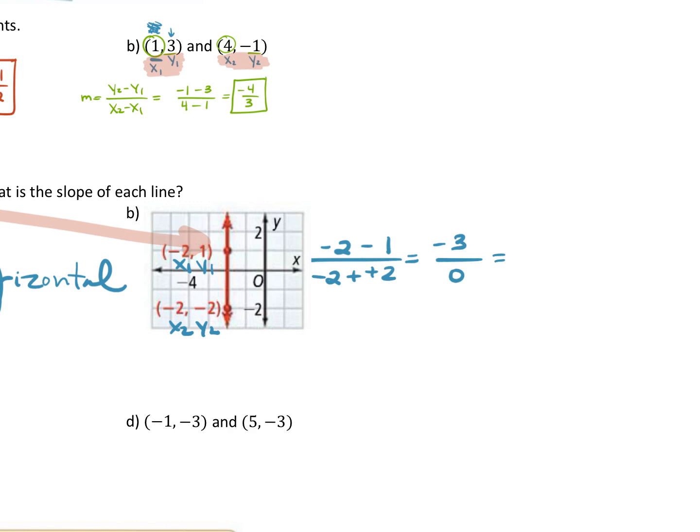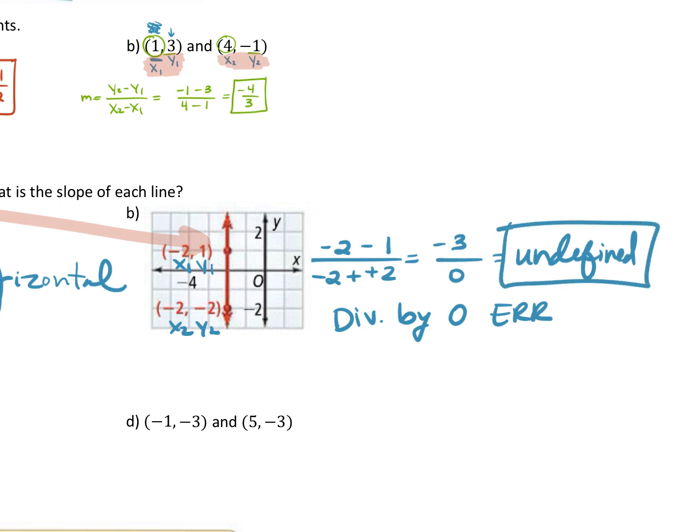Did you plug it in? What's negative 3 divided by 0? Divided by 0 error. It says something like divided by 0 error, right? You cannot divide something by 0. So we say that slope is undefined, or you could say it has no slope. Okay, that would be the same thing as undefined.